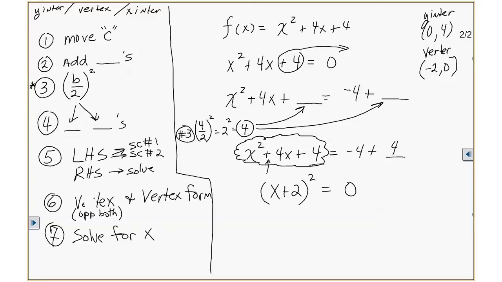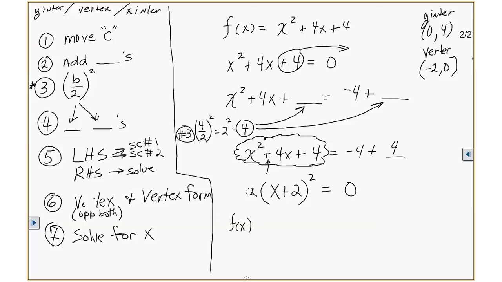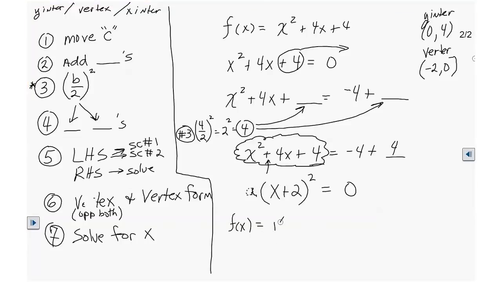How do you know that? Well, look at what you learned in chapter 1. This is A. This is H. And plus 0 is K. Look, put it in vertex form. f of x, and that's this part right here, vertex form. f of x is equal to 1 times x plus 2 quantity squared plus 0.